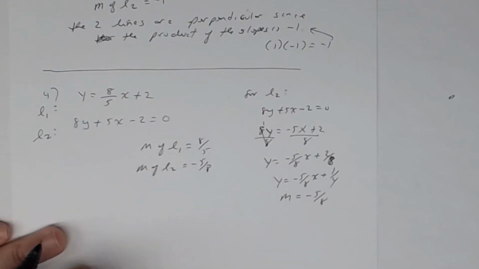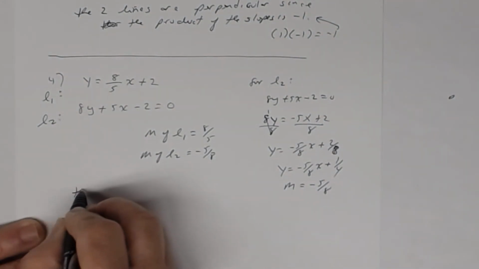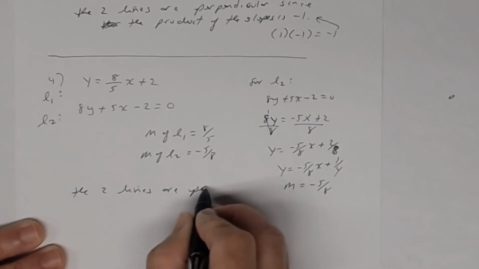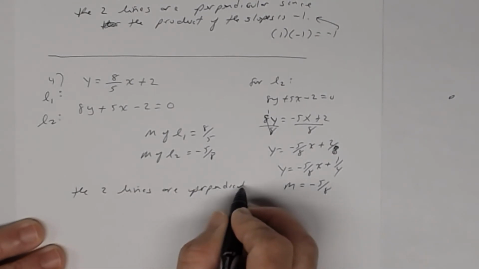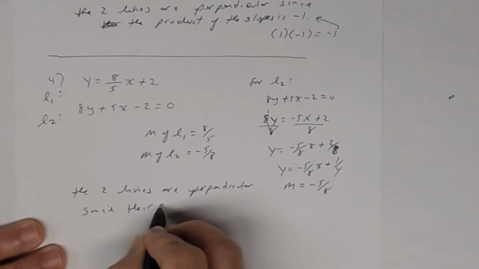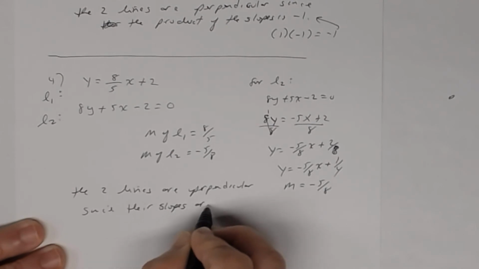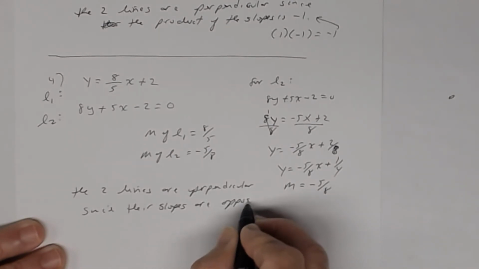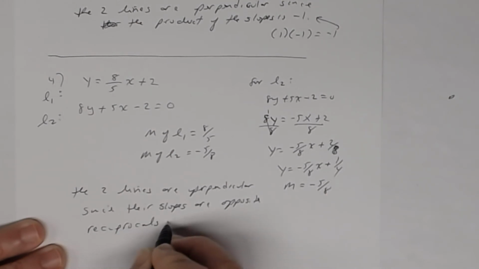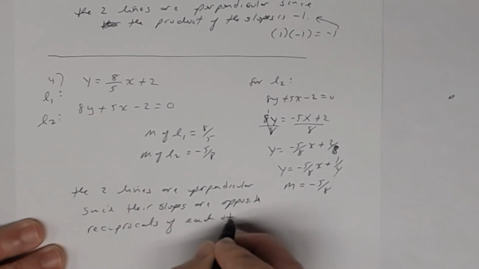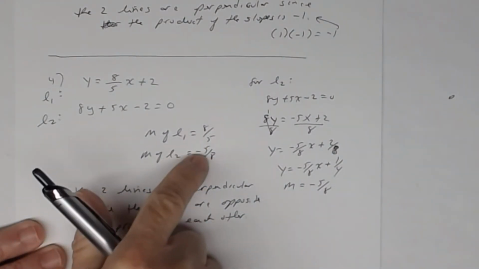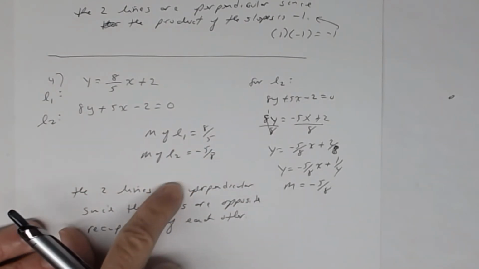The two lines are perpendicular since their slopes are opposite reciprocals of each other. Okay? All right. And you could have also said, since the product of their slopes is negative 1.